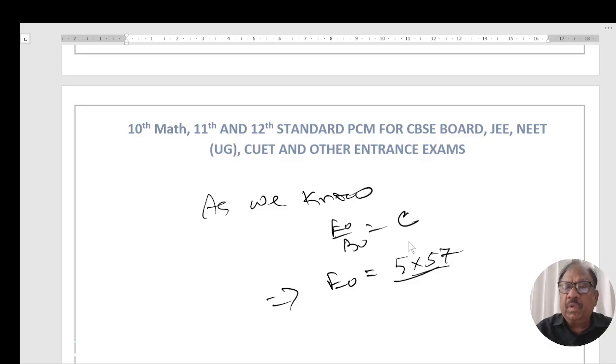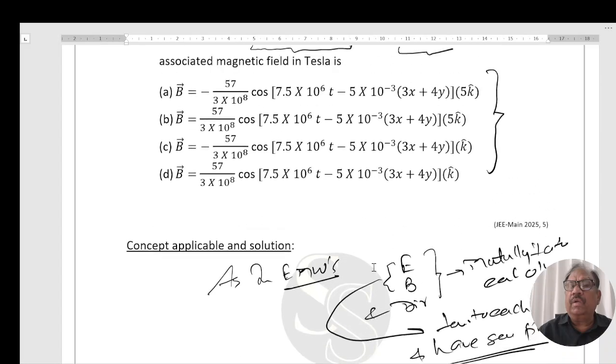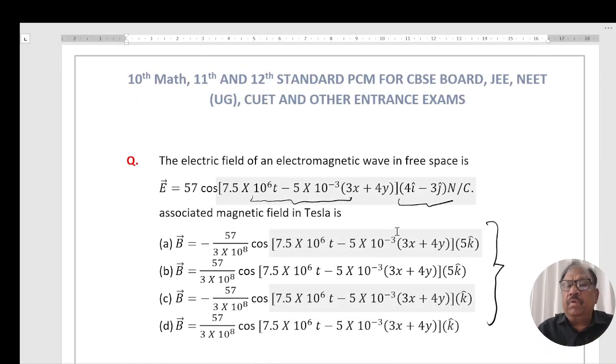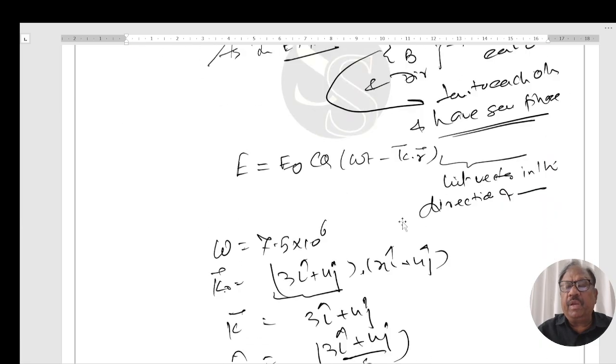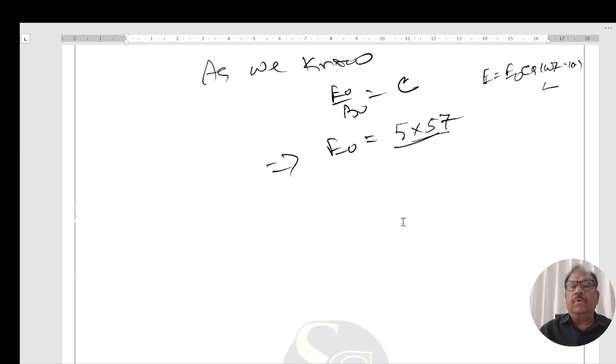Reason being, after writing the complete expression like this, E equal to E naught cos of omega t minus kx into unit vector in the direction of so. So that vector is not a unit vector. First you make the unit vector, then this will be the direction, and divide by 5, multiply by 5, this will become 57 into 5, right? This is regarding E naught.